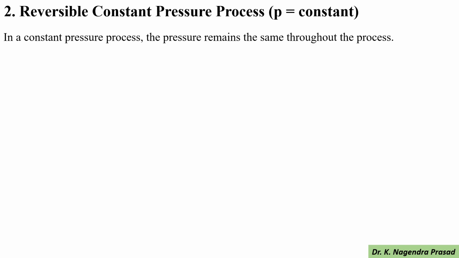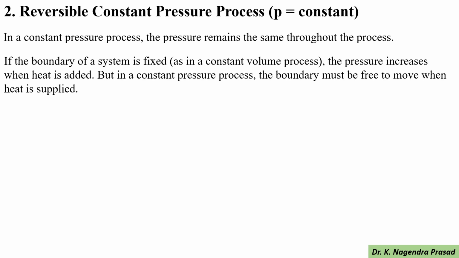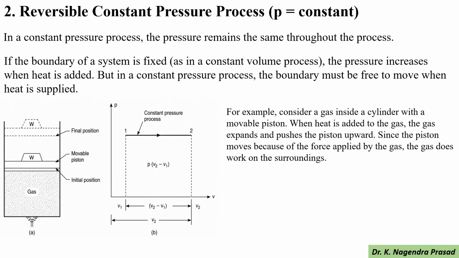In a constant pressure process, the pressure remains the same throughout the process. If the boundary of a system is fixed, as in the constant volume process, the pressure increases when heat is added. But in a constant pressure process, the boundary must be free to move when heat is supplied.